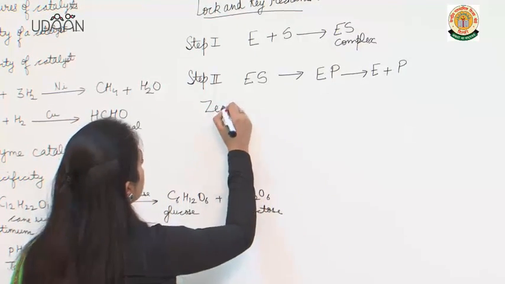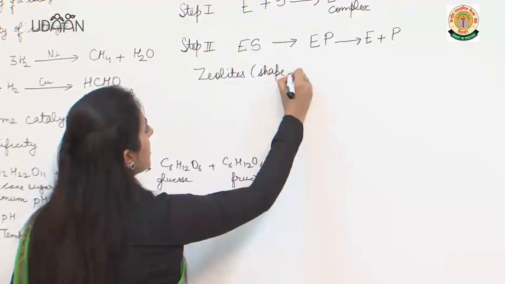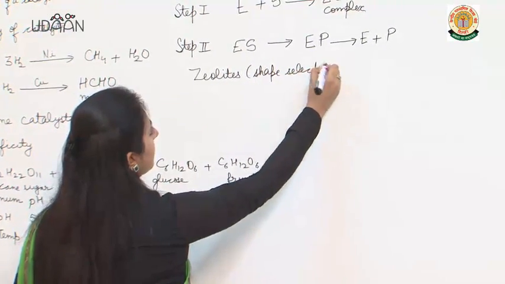Now what are zeolites? Zeolites are shape selective catalysts.